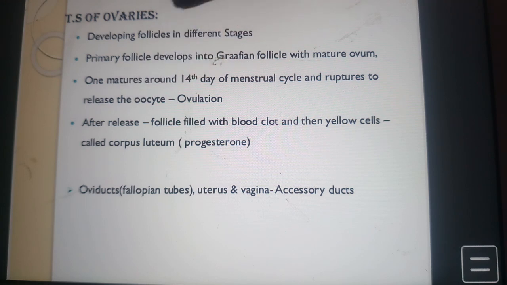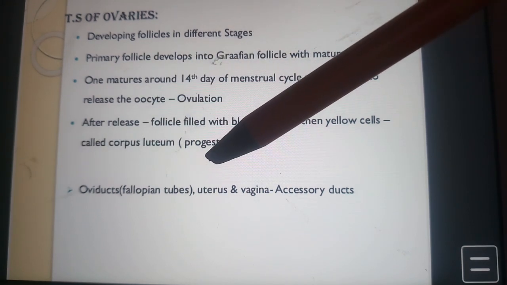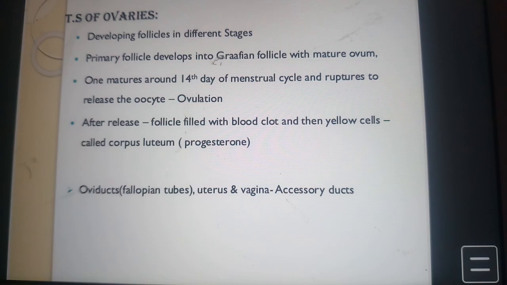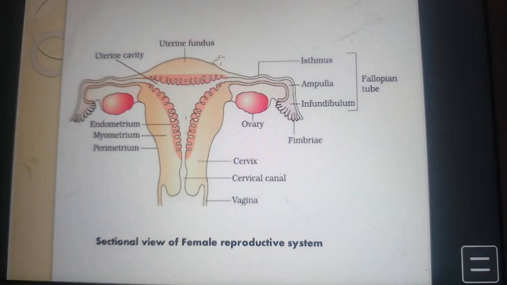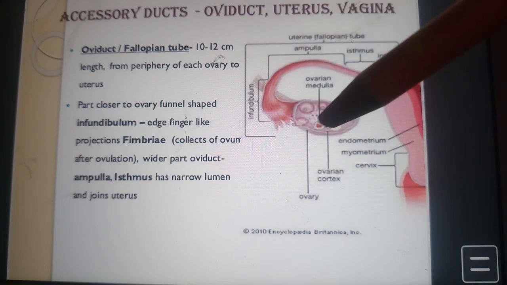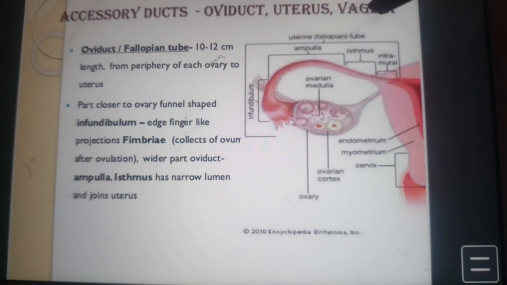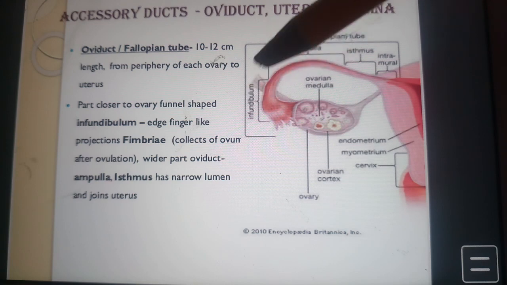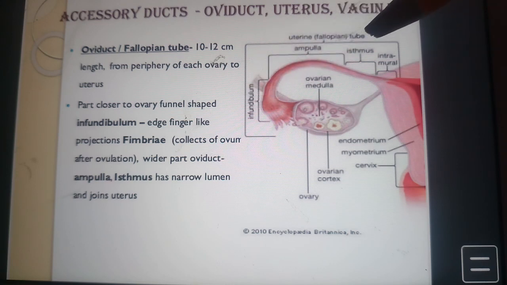As I already said, the oviducts, the uterus and the vagina are called the accessory ducts here. Once again you have a clear view here. This is the uterine fallopian tube. This is the ovary section, the infundibulum, the ampulla and the isthmus.